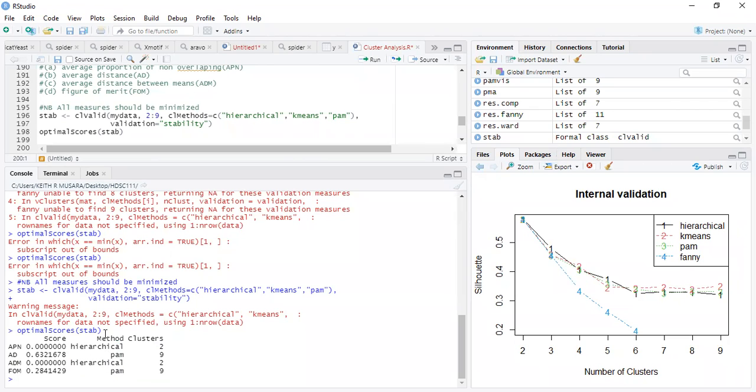But now, based on the results that we have, you would need to come up with a conclusion. PAM now suggests 9 number of clusters, but on the internal validation, it never suggested 9 clusters.